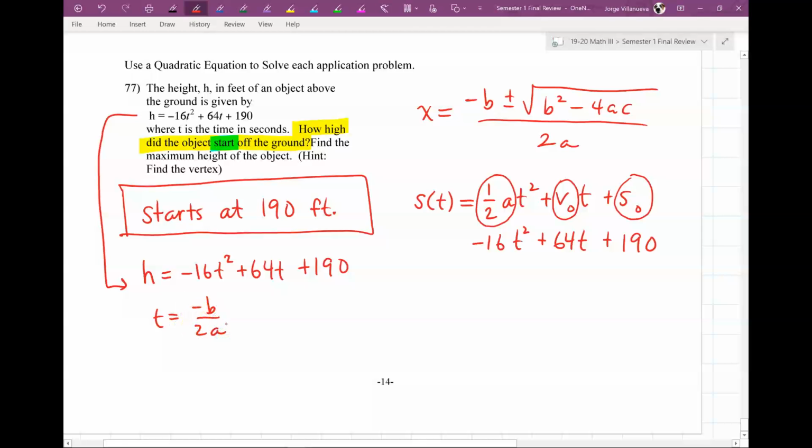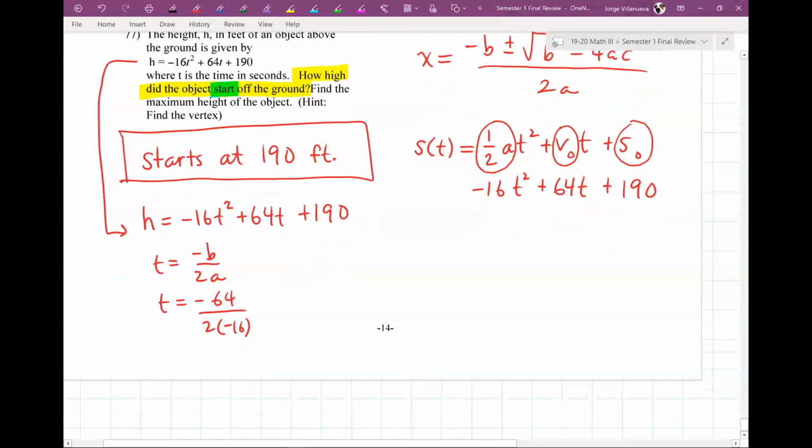Normally it's x equals negative b over 2a, but we're using the letter t because that's the variable we're given. So I'm going to plug in my b value, which is 64, and 2 times negative 16. That's my a value. So that's negative 64 over negative 32.